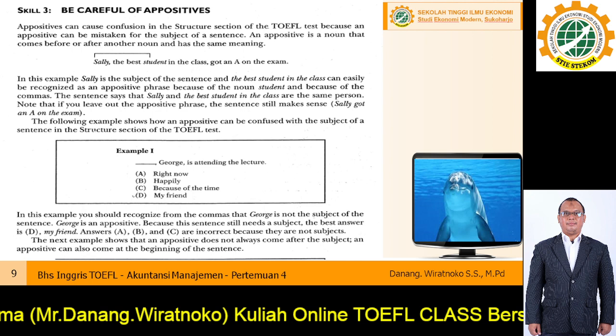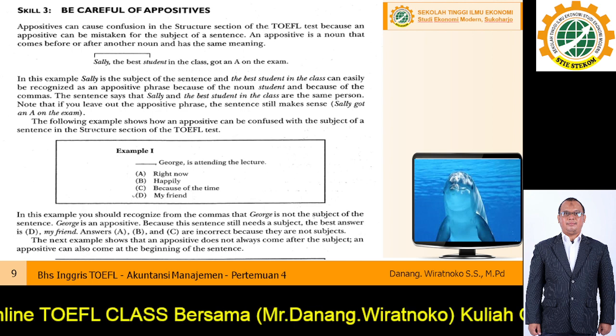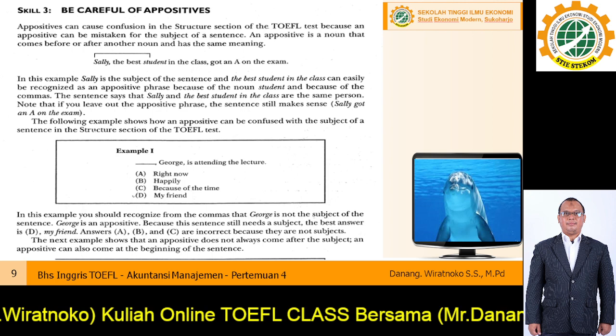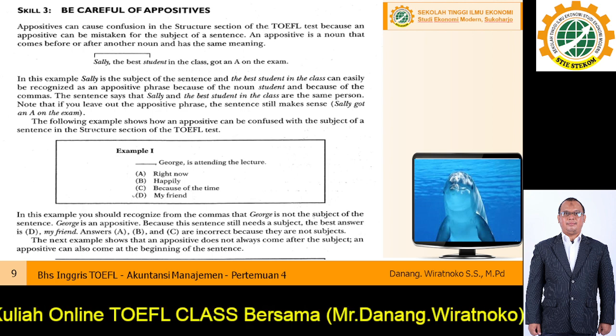In this example, Sally is the subject of the sentence, and the best student in the class can easily be recognized as an appositive phrase because of the noun student and because of the commas. The sentence says that Sally and the best student in the class are the same person.